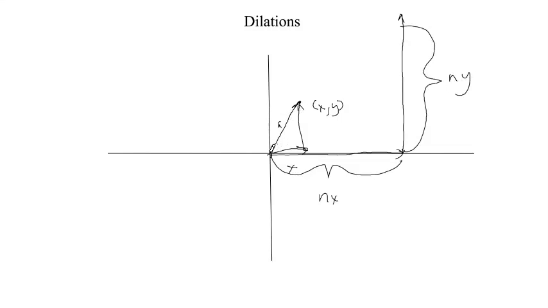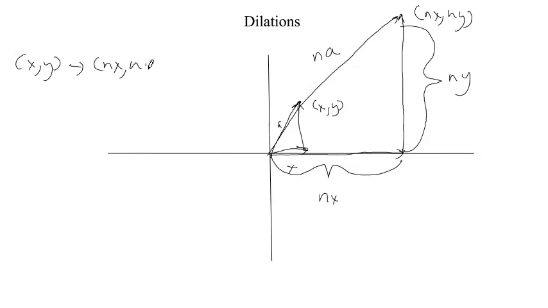So now you end up with a new distance from the origin. So the formula is (x, y) dilated with a scale factor of n has the coordinates (nx, ny).